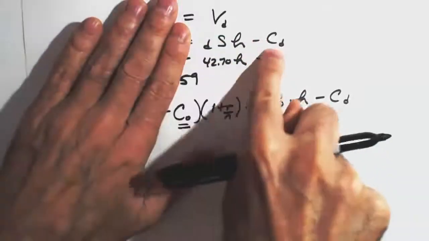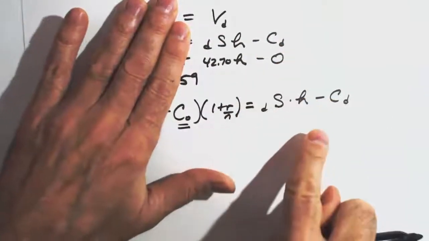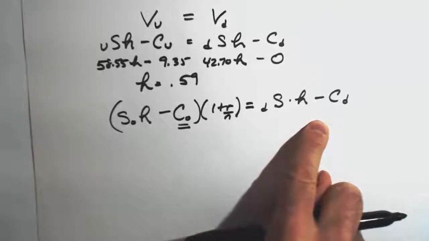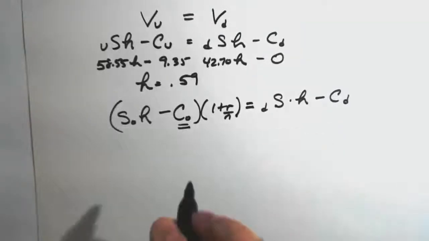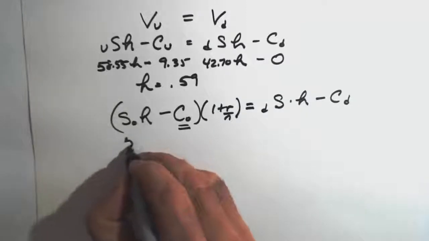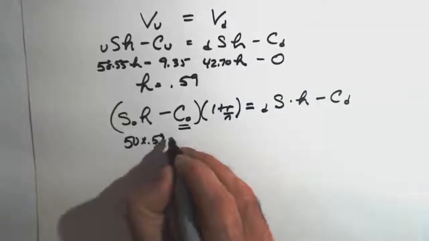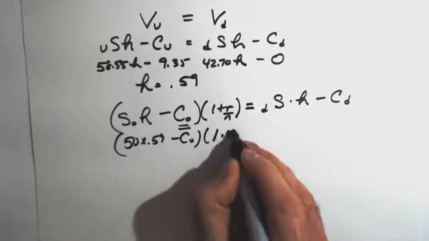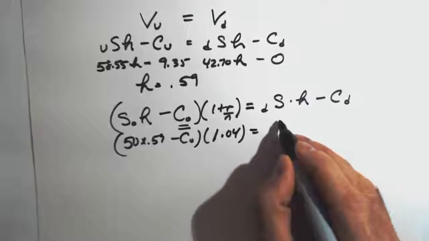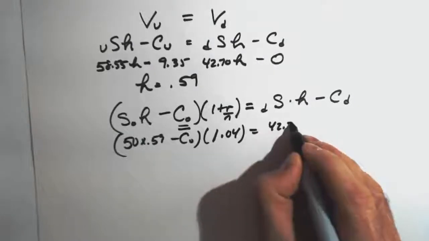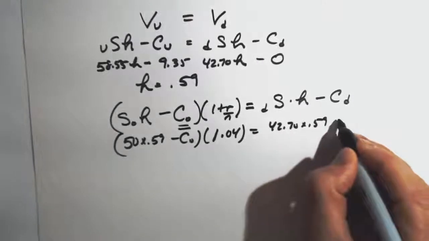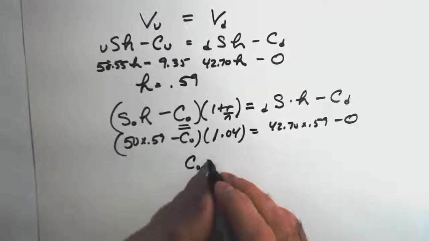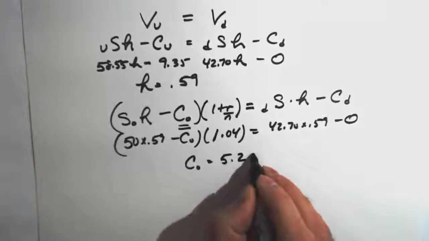I picked this side only because I know C_D is 0 and it makes the math a bit easier, a couple fewer calculations. And so we put in $50 times 0.59 minus C_0. This is 1.04. This turns out to be 42.70 times 0.59 minus 0. And so when you solve for this, the call is worth $5.28.